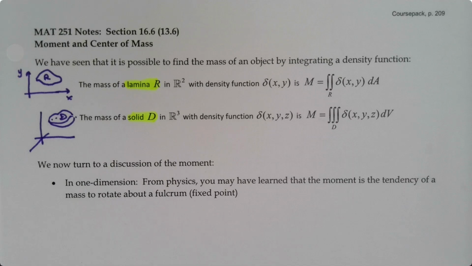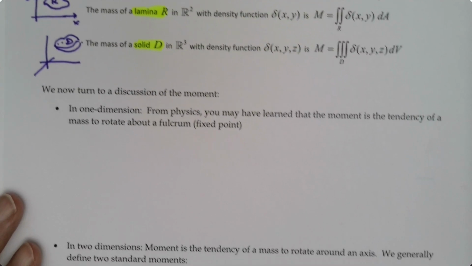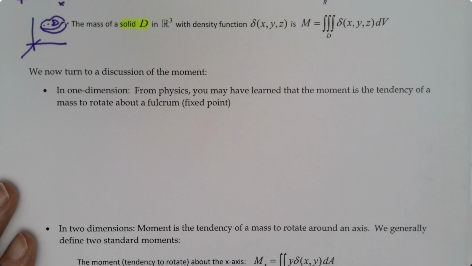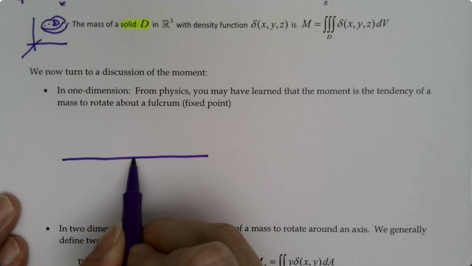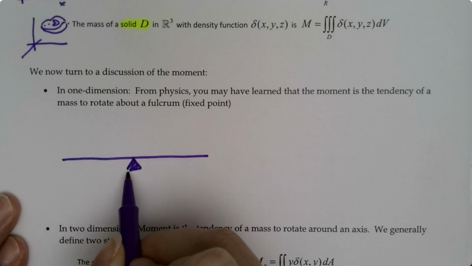Okay, so let's think about a moment. In one dimension, when you're in physics class, you may have learned that the moment is the tendency of a mass to rotate around a fulcrum or a fixed point. So you have your fulcrum, which in math we would generally establish at x equals 0.